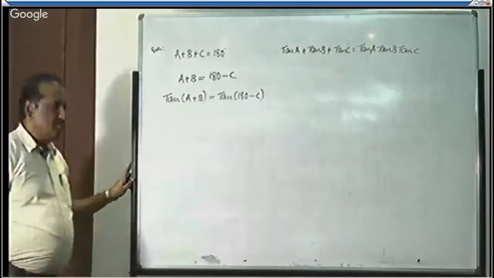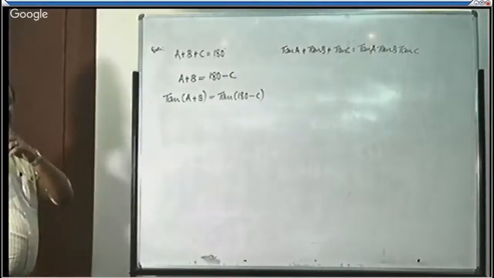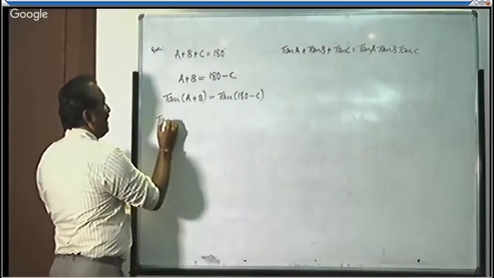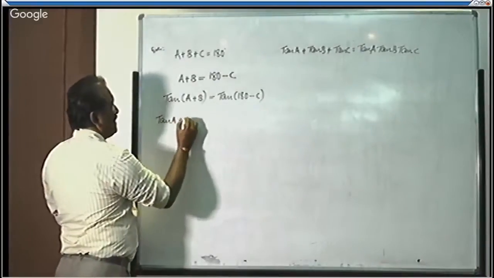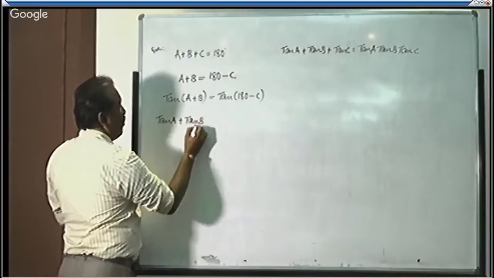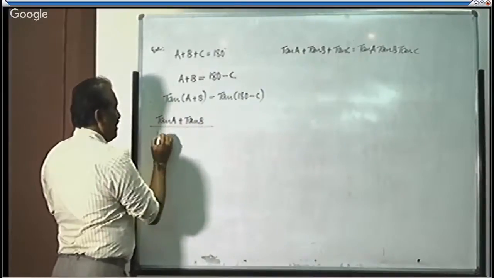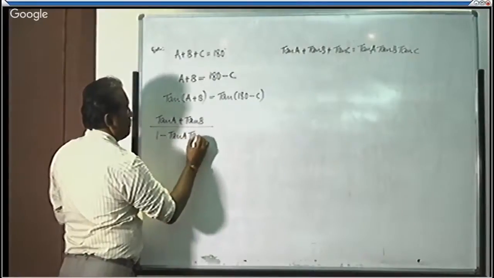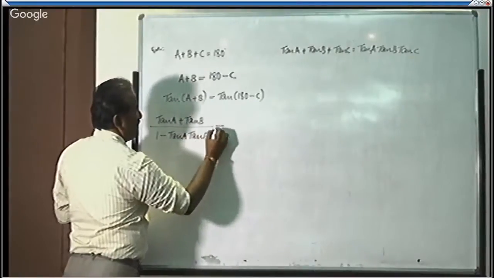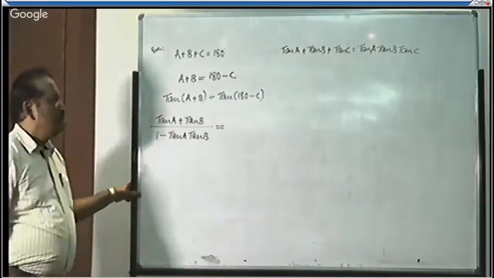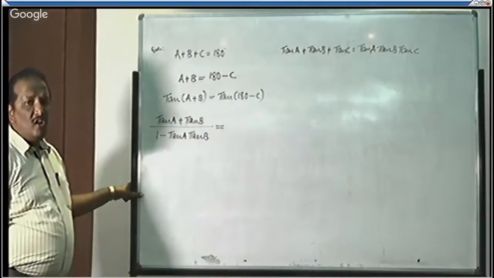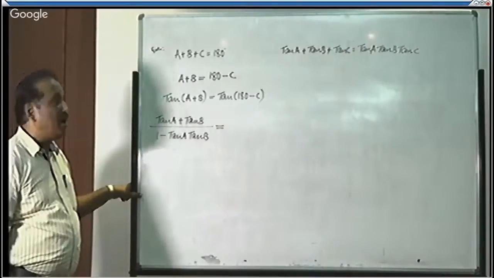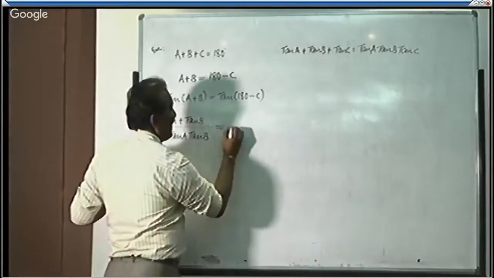Is it right? Now we know the addition formula for tan of A plus B as tan A plus tan B whole divided by 1 minus tan A into tan B. This is equal to... it is a relation belonging to allied angles, 180 minus theta, coming under the second quadrant where tan is negative.